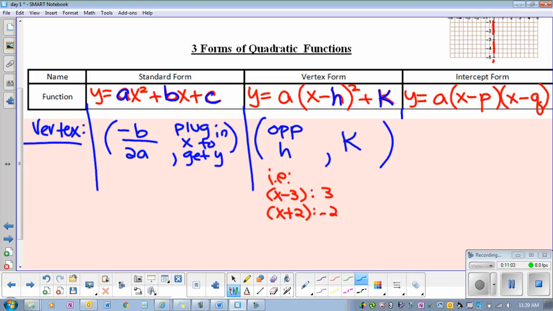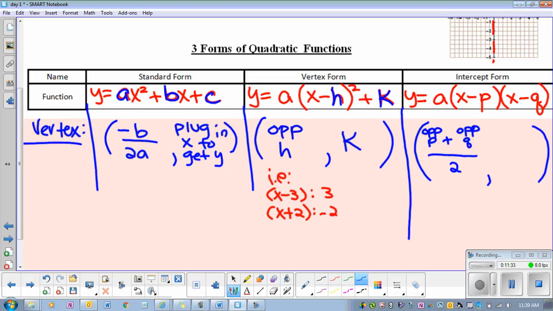Now, intercept form is a little bit different. In order to find the vertex, you see this p and that q? They have a minus in front of them too. So I think opposite p plus opposite q, divided by 2, gives you your x.